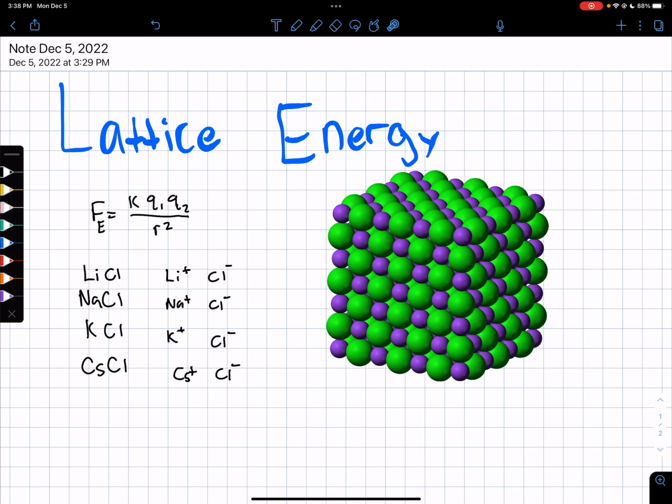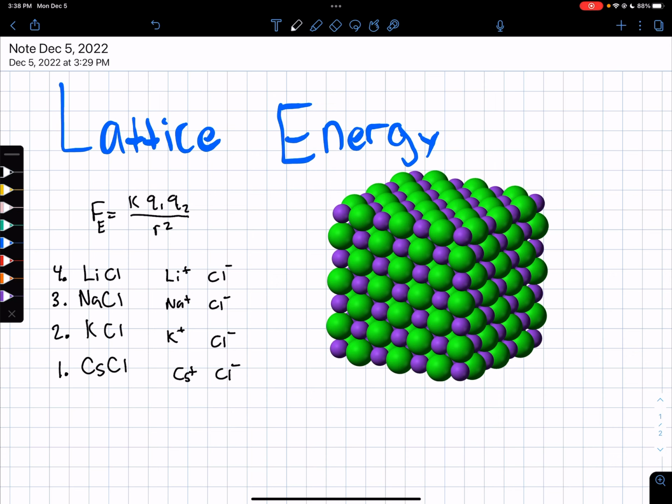If you look at lithium, it's got a pretty small radius, and a small radius would mean a greater electrostatic force. So your lithium chloride lattice would be the hardest of these to break apart. So if we were to rank these from lowest lattice energy to highest, we'll put cesium chloride at number 1, the lowest, followed by potassium, followed by sodium, and then lithium as the highest lattice energy.